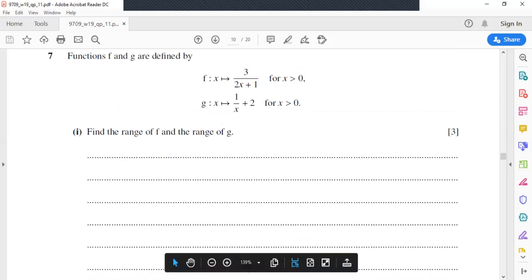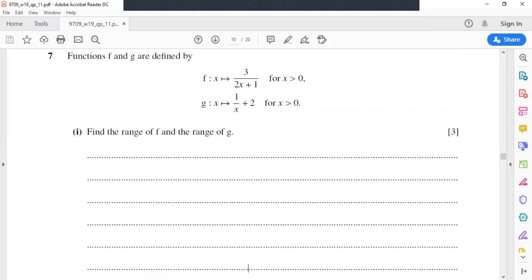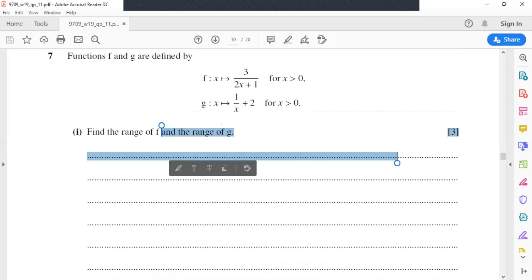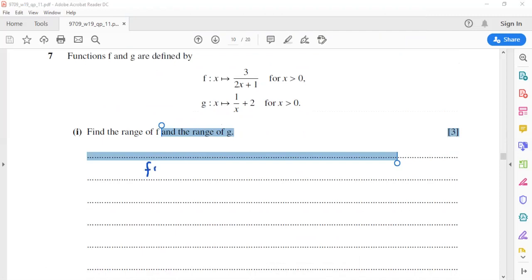If you're looking for the range of f, the minimum value, if you place x = 0 here, then f of x will be lying between 3 and 0, because the maximum value will be almost, but lesser than 3.